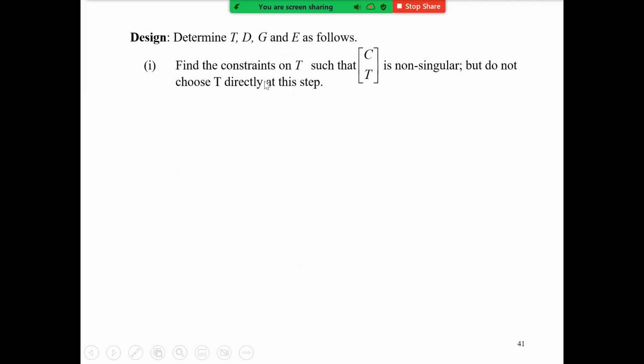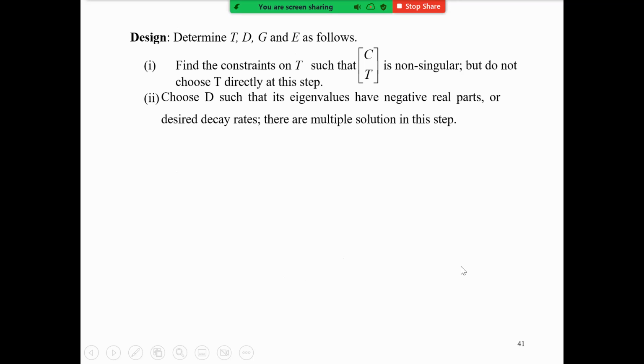Okay, and then the design procedure is simple, but the answer will not be unique. So you first choose the constant on T, and this matrix has to be non-singular. And then you just choose your stable matrix D. Once you fix D, you solve this equation.